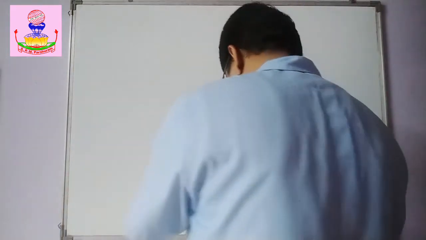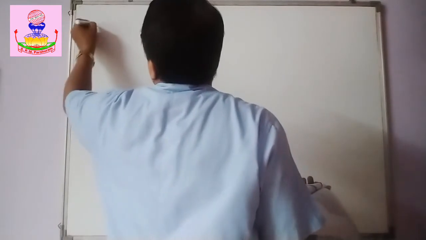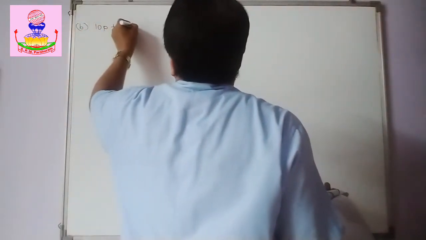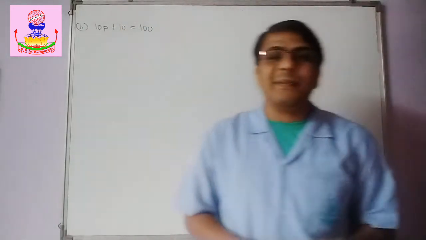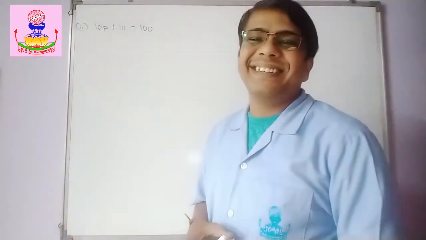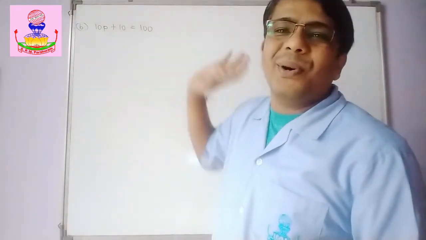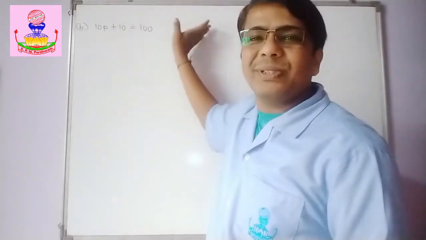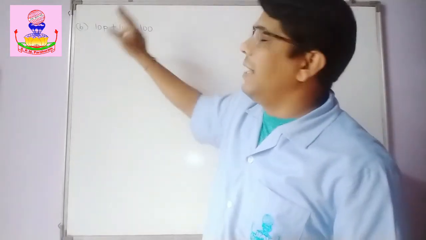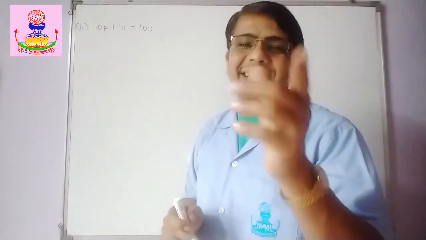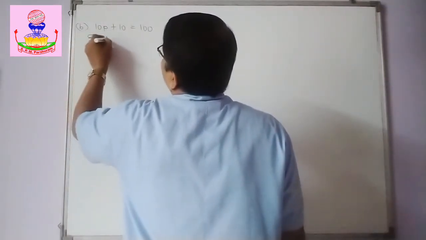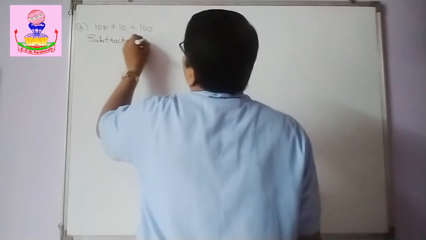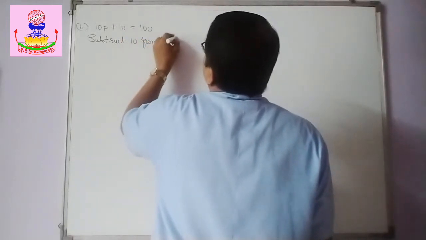So I am going for B: 10p plus 10 is equal to 100. As I told you, what to do? First, send away the distant relative. So this 10 has to go to the other side. Here it is addition. The opposite of addition is, yes, subtraction. So subtract 10 from both sides.